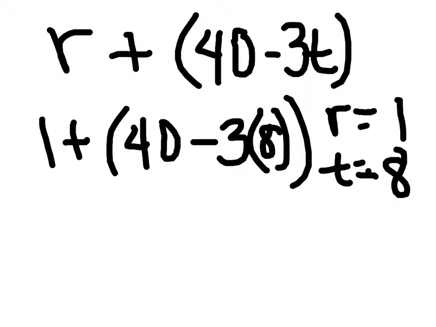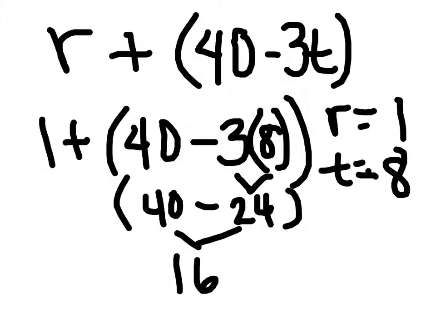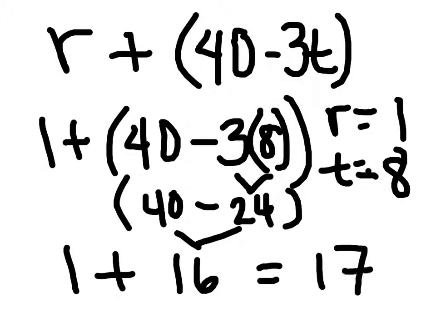So I would do 3 open paren, 8 closed paren, and then another closed paren. So we've got to do what's inside the parens first. 40 minus 3 times 8, we've got to do the 3 times 8, which is 24. And then we're going to subtract that from 40. So 40 minus 24 is 16.